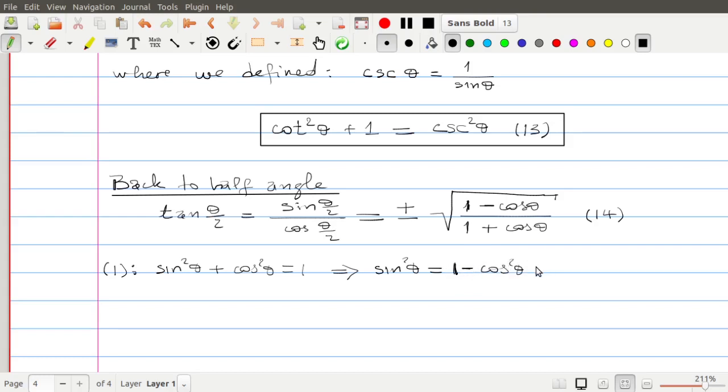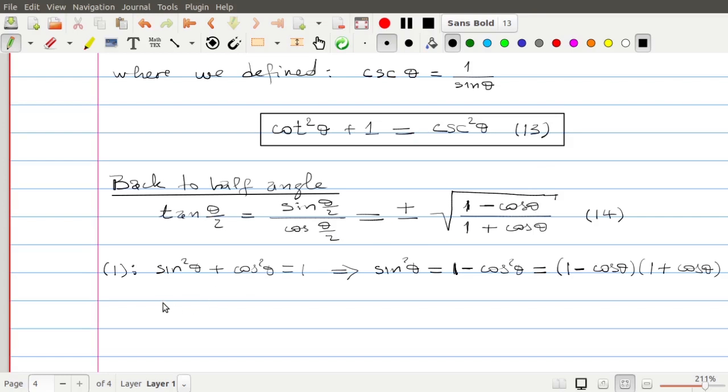And we know that if we have the difference of 2 squares, we can write this as 1 minus cosine theta into 1 plus cosine theta. So from this one, because in this expression we have 1 minus cosine theta and 1 plus cosine theta, we can extract 1 minus cosine theta in terms of sine square.